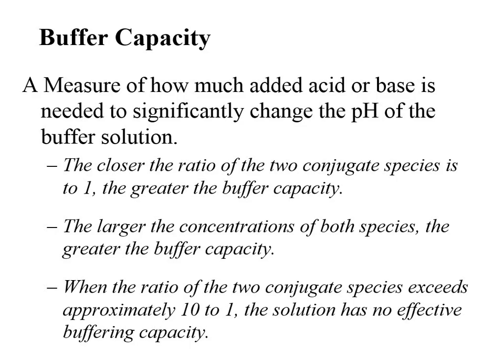I said you want to approach 1 with the ratio of your moles of base to your acid. If this becomes greater than 10, or less than 0.1, which means you're outside the factor of 10, your buffering capacity is not very good.